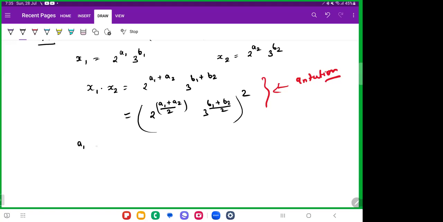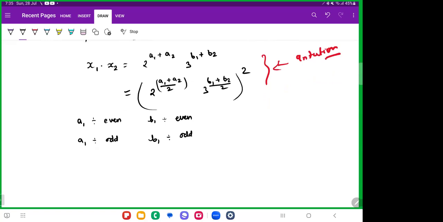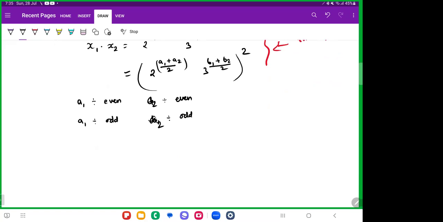Okay. A1 even and B1 even. A1 odd, B1 odd. So what is the possibility? If A1 is even, A2 must be even. If A1 is odd, then A2 must also be odd, then odd plus odd will be even, right?